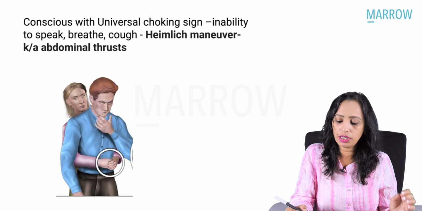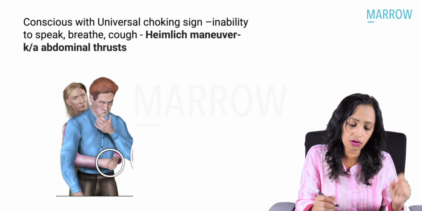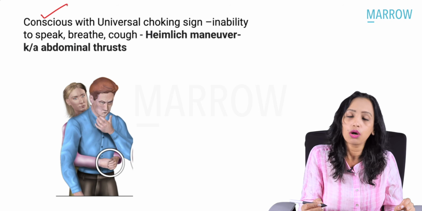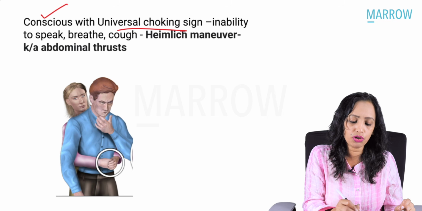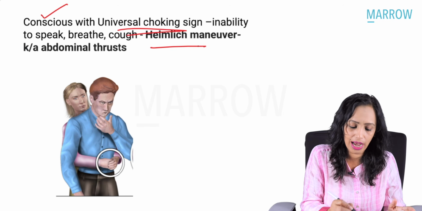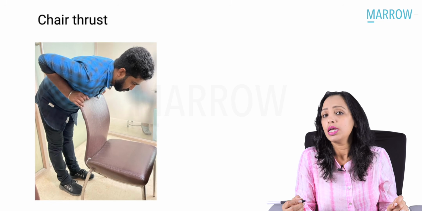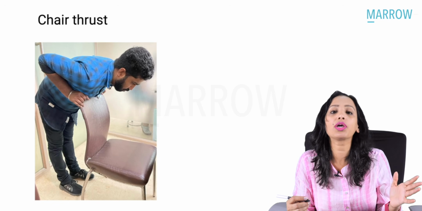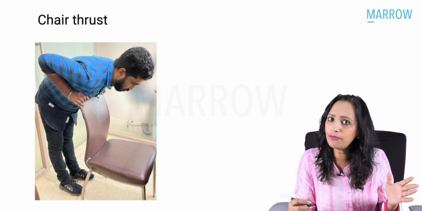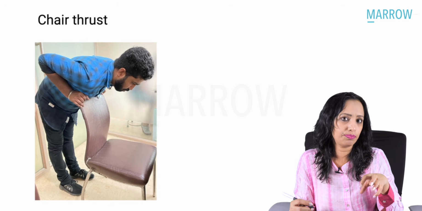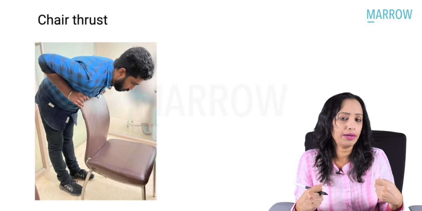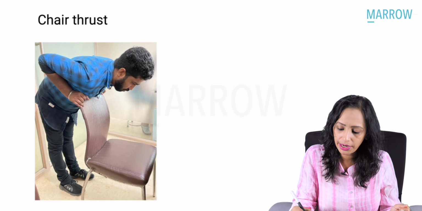And if the patient is having the universal choking sign, always please note the patient should be conscious, and this is what is the universal choking sign. Then you go for the Heimlich maneuver, also known as abdominal thrust. And if nobody is available to give abdominal thrust, the patient can do it himself by pushing the chair at just below the sternum. That is what is known as chair thrust.